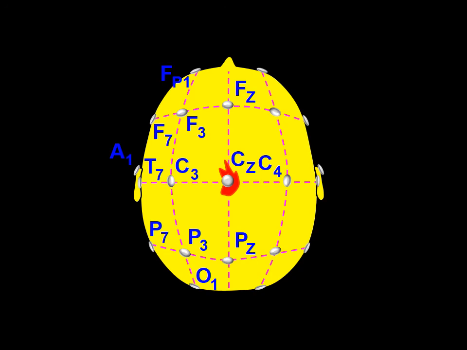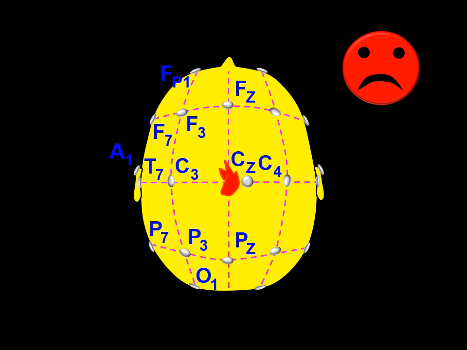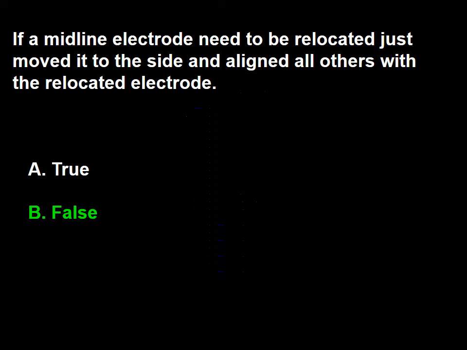If a small lesion prevents CC placement at the regular site, it is incorrect to move CC and the rest of the midline electrodes to the side as shown in this frame. The correct approach is to move CC backwards or forward, but keeping it in the midline. So the answer to this question is B.